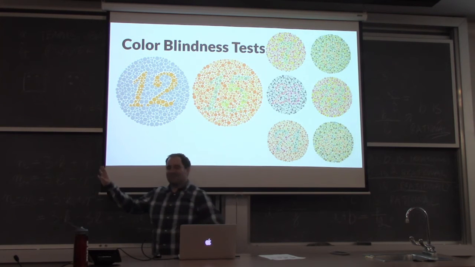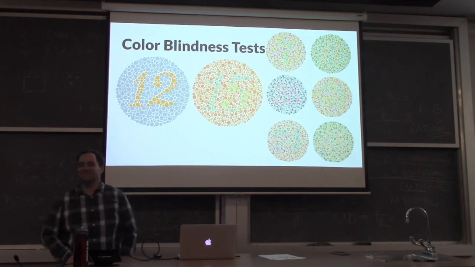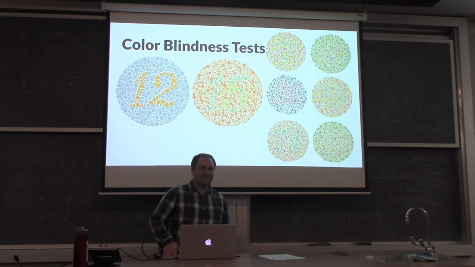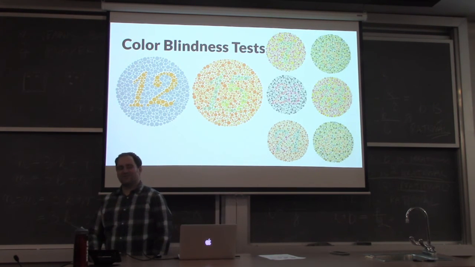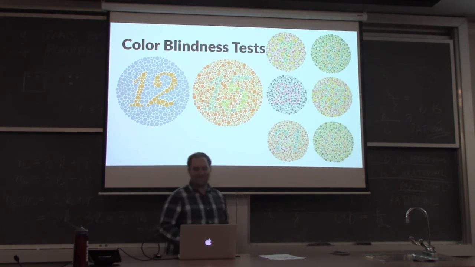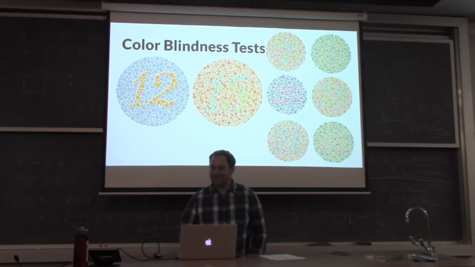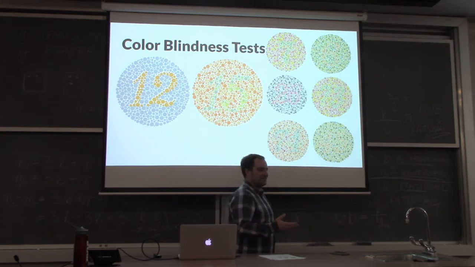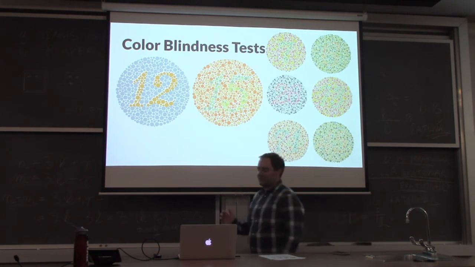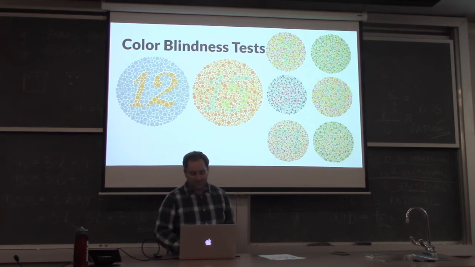You don't have to say it. So there should be a couple of red-green weak people in here. Not everybody should be able to see everything. This is the test that you would do if you, for example, run a user test that uses color. You would exclude people that don't have perfect color vision just to avoid any biases.